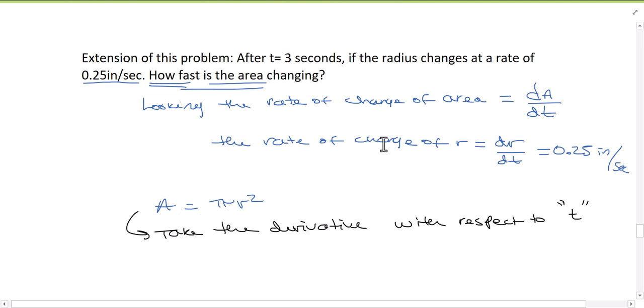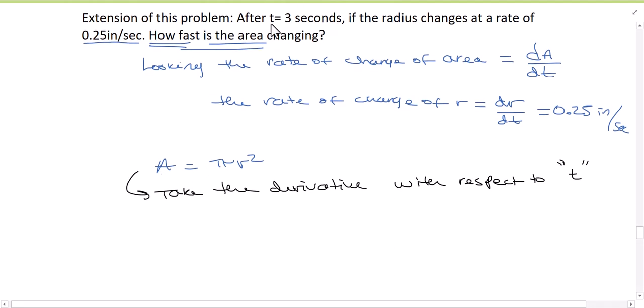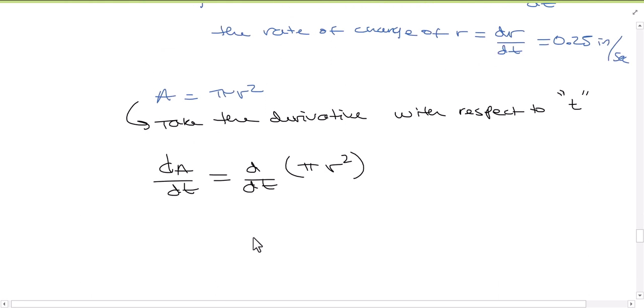So that's what makes this slightly complicated and confusing, but I can still do that. So then I will say dA dt, right, the derivative of A with respect to t will be the derivative of the right side with respect to t. So pi is just a constant, so we'll pull it out.